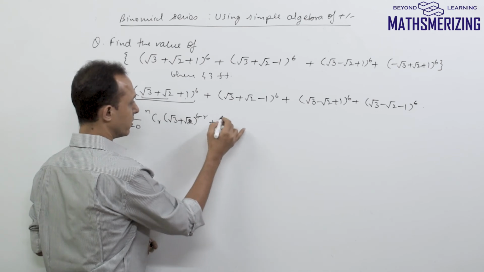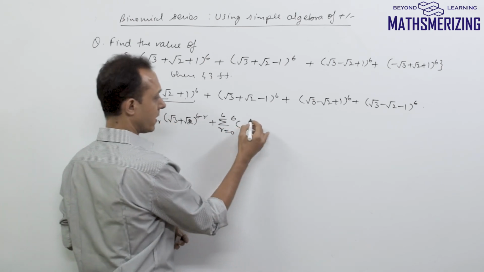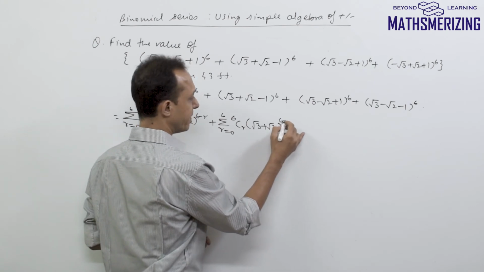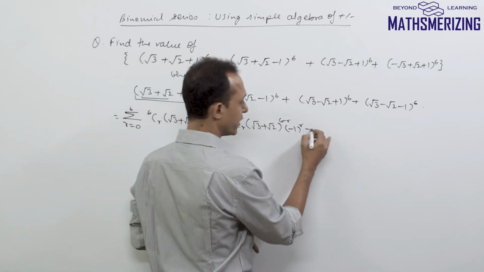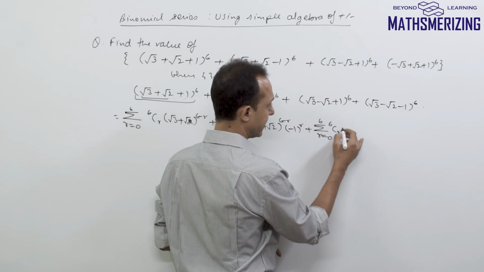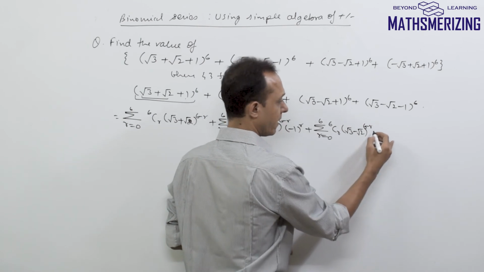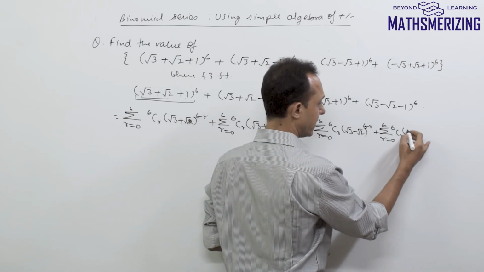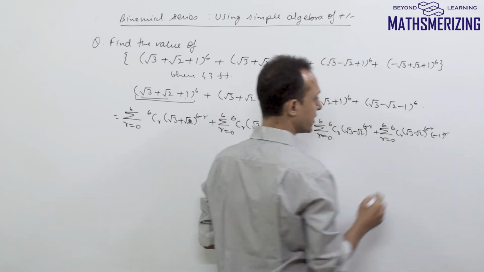And here will be summation r from 0 to 6, 6Cr (root 3 plus root 2) to the power 6 minus r, and then minus 1 to the power r. In the same way, I'll write it for the next ones: summation r varies from 0 to 6, 6Cr (root 3 minus root 2) to the power 6 minus r, and for this one summation r varies from 0 to 6, 6Cr (root 3 minus root 2) to the power 6 minus r, and then minus 1 to the power r.